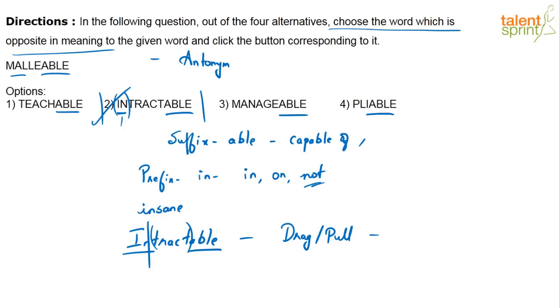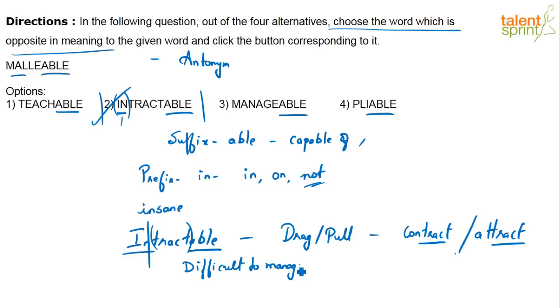There are a lot of words with this root, like contract, attract. Intractable means not able to do something. So the only thing that is opposite to malleable is intractable. Difficult, what does it mean? It means difficult to manage or deal with.